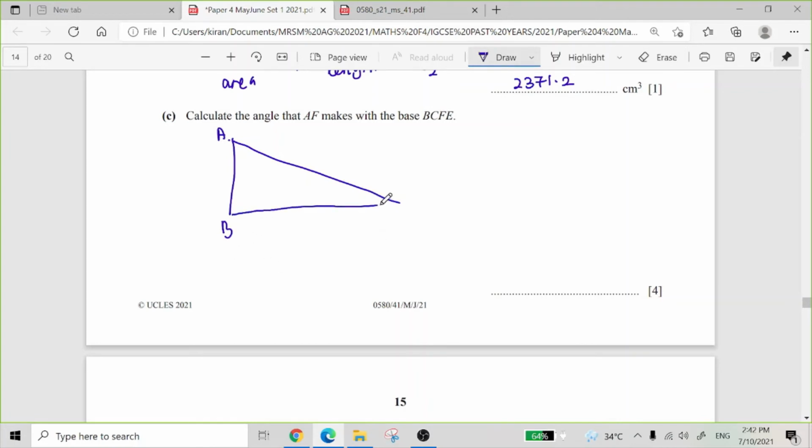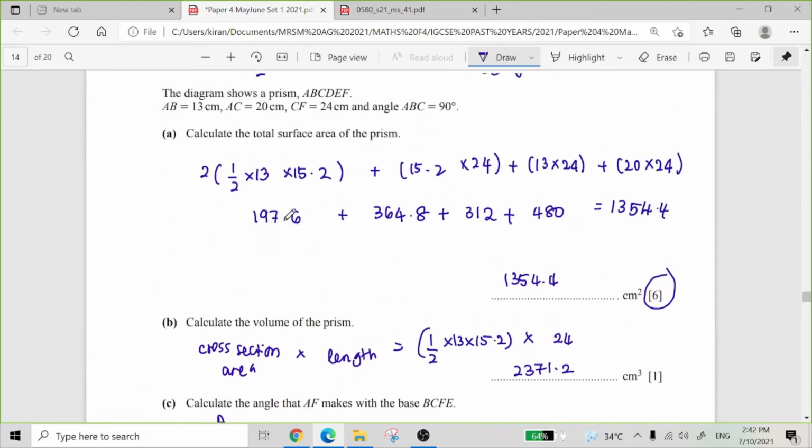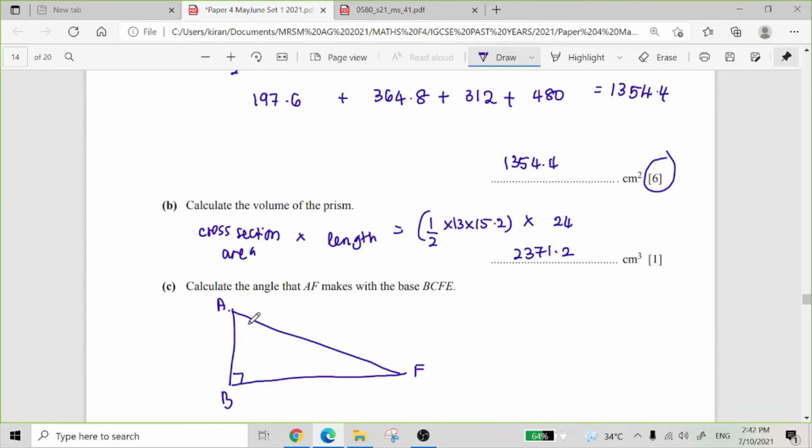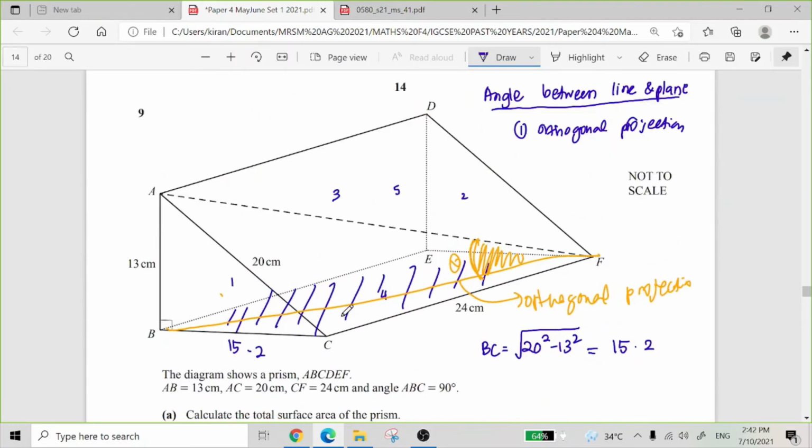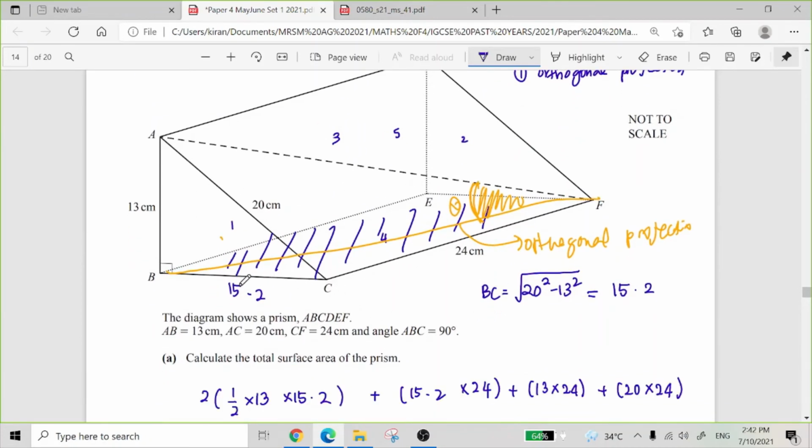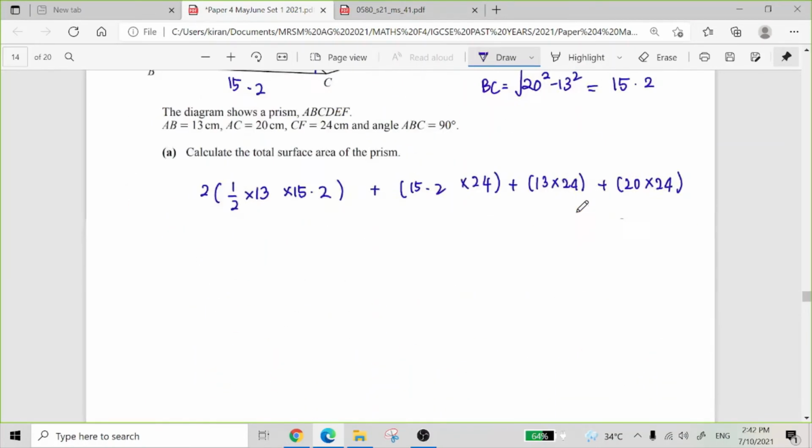BF only. So we already have AB, which is 13 centimeters, and we don't have AF. We also don't have BF, but we can calculate BF by using Pythagoras theorem, since we have BC and CF.